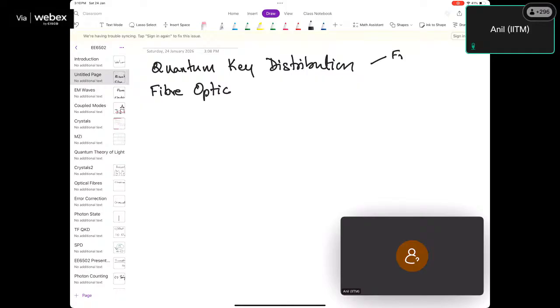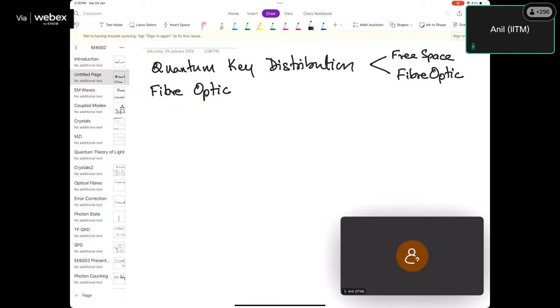This is free space and this is fiber. And my lecture today is about fiber optic, and I believe one of my colleagues from IIT Delhi will talk about the free space version of quantum key distribution.